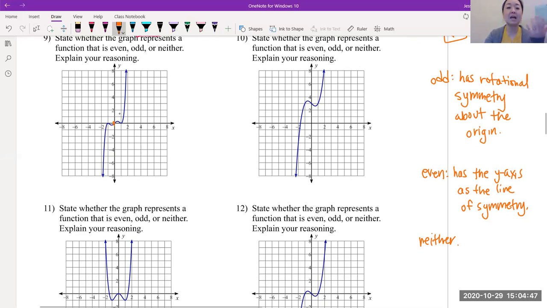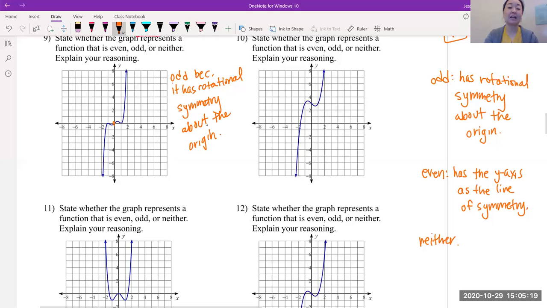So it does have rotational symmetry, which means that it is odd. It's an odd function because it has rotational symmetry about the origin.